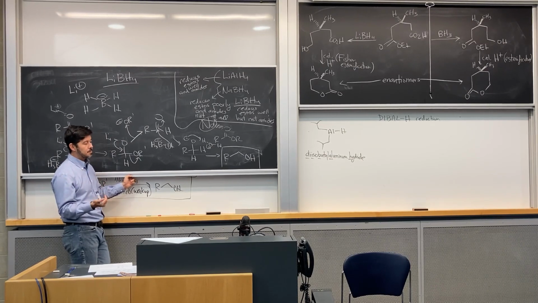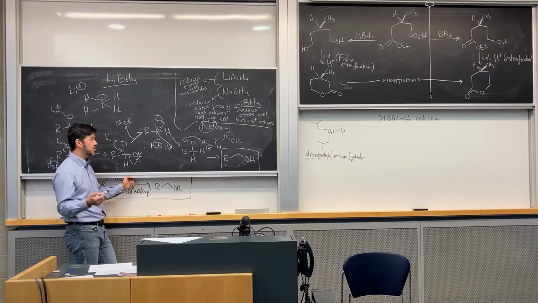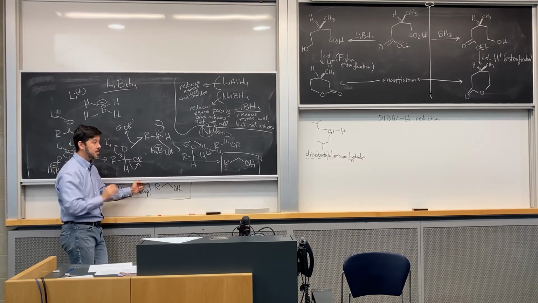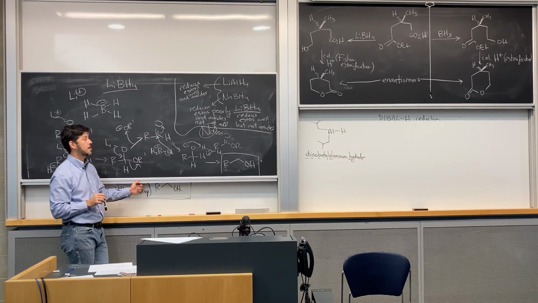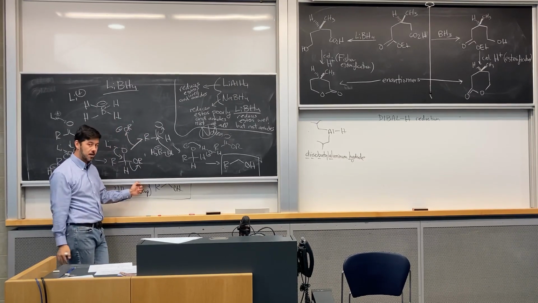But sometimes maybe you want to reduce something like an ester, but you only want to reduce it to the aldehyde. Maybe you don't want to reduce it fully to the primary alcohol. And if you use any of these reagents here, you know that you can't stop it.